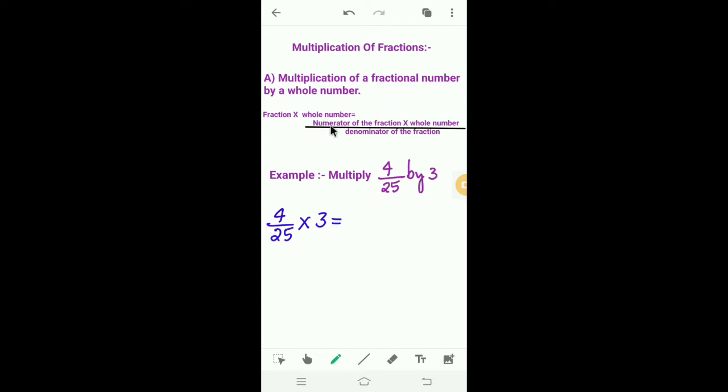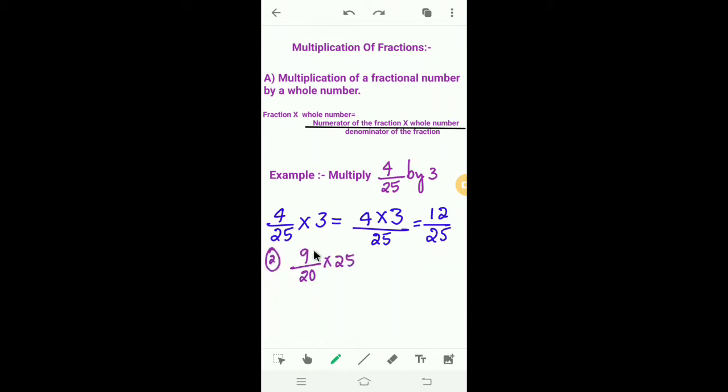Numerator of the fraction is 4, into whole number, by denominator of the fraction, 25. 4 3s are 12 by 25. So the answer is 12 by 25. 12 by 25 is a proper fraction.